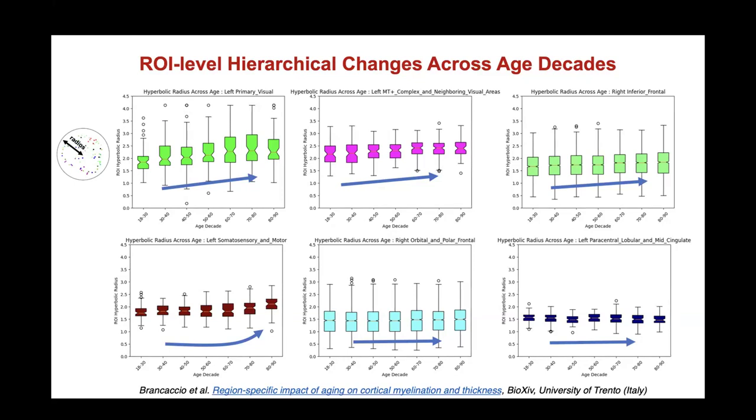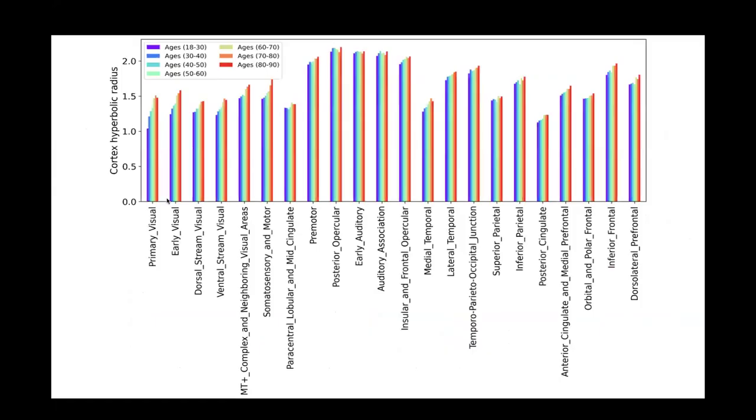Basically, the connection loses after 60 or 70 years old. However, this one is a primary area, a very important area in our brain, and the hierarchy decreases linearly. So it's a heterogeneous change over time.